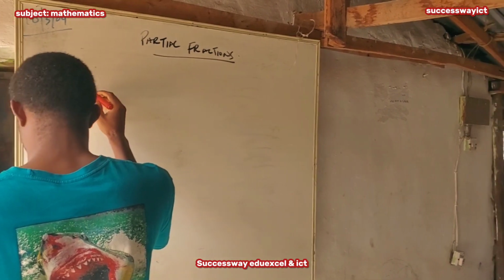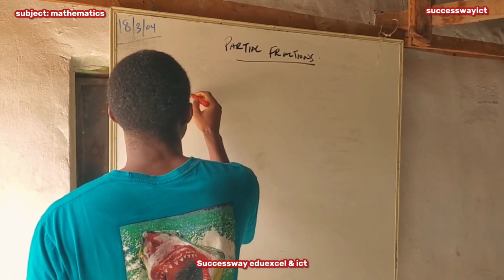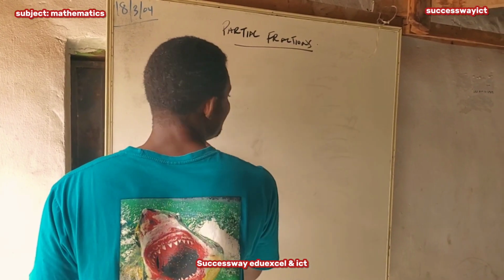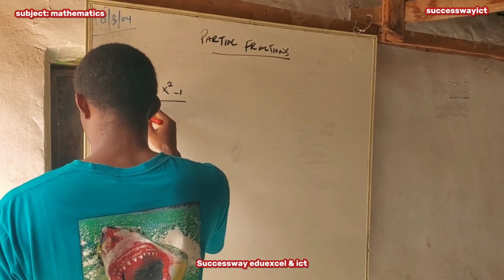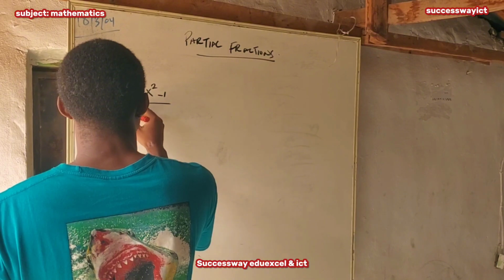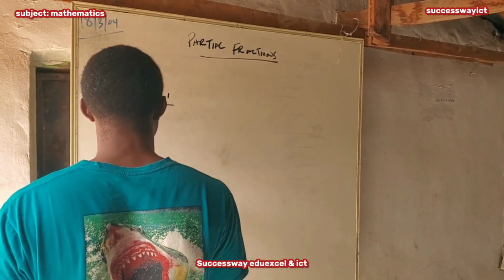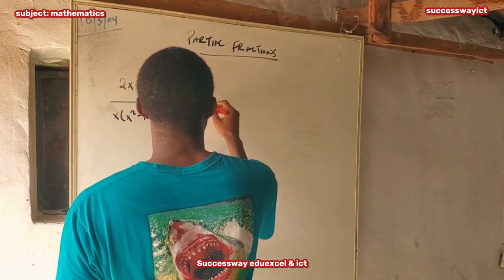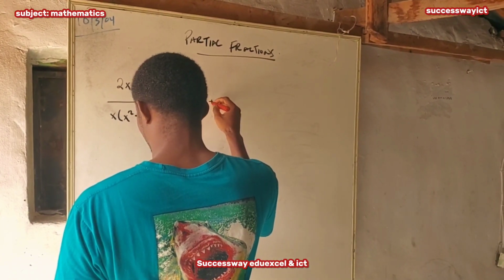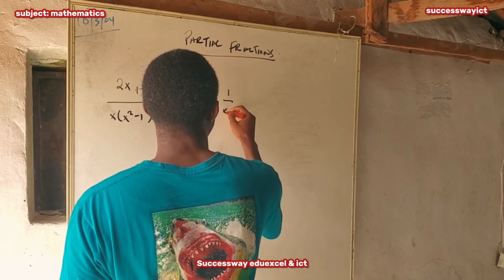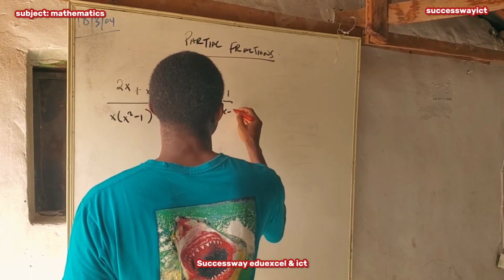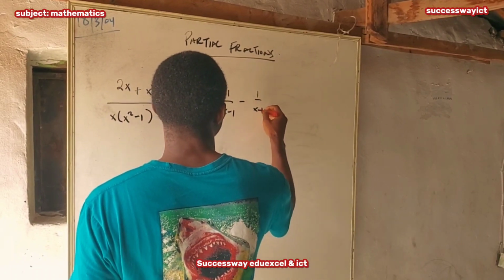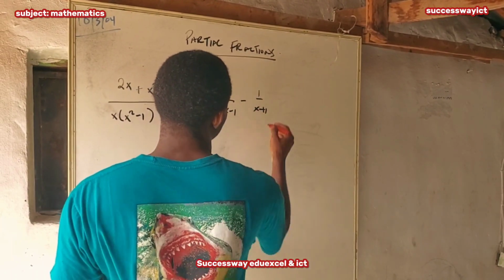Example: 2x plus x squared minus 1 divided by x multiplied by x squared minus 1 is equal to 1 over x plus 1 over x minus 1 minus 1 over x plus 1.